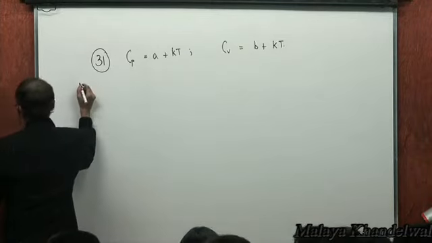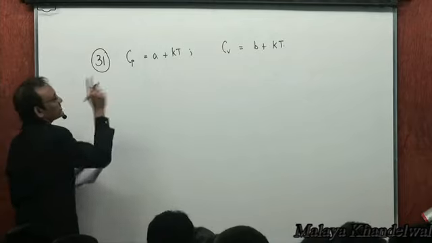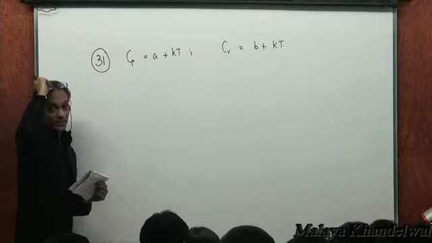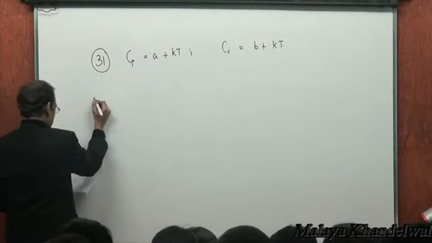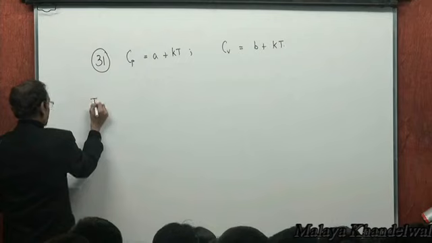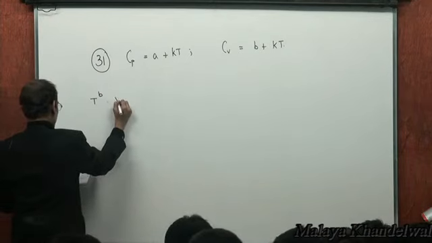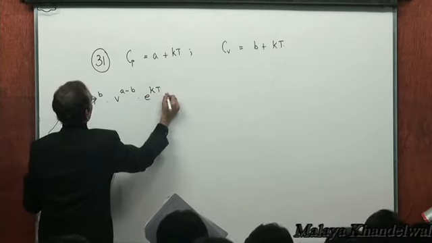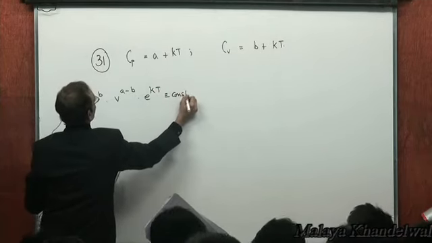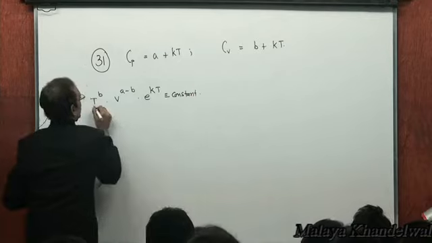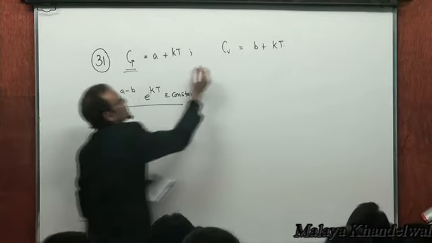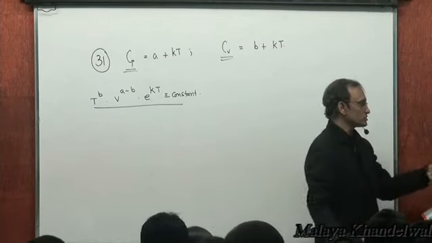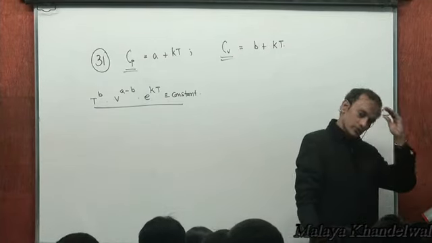We want to show that if this gas undergoes an adiabatic process, then T to the power B, V to the power A minus B, e to the power Kt must be constant. For an adiabatic process in which Cp and Cv are functions of temperature, this must be constant, right?